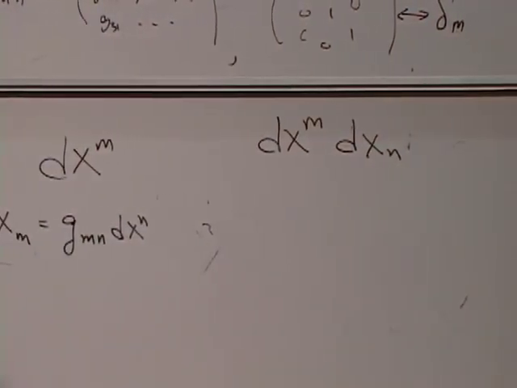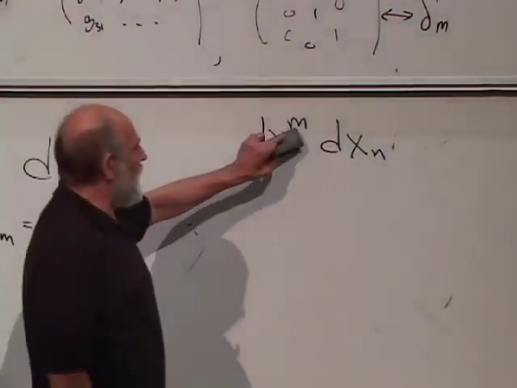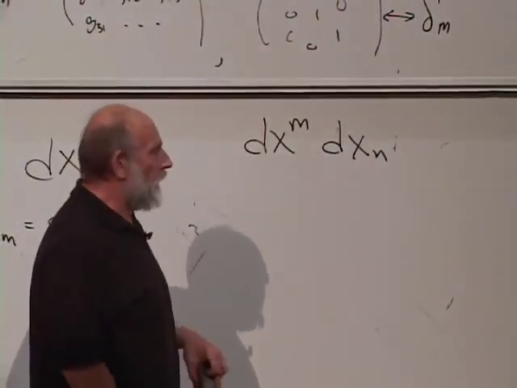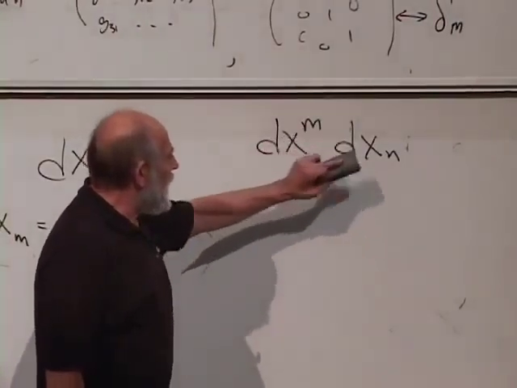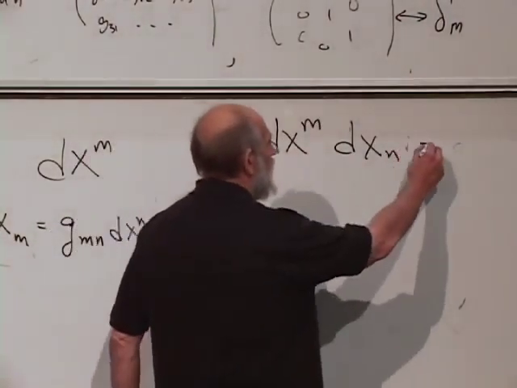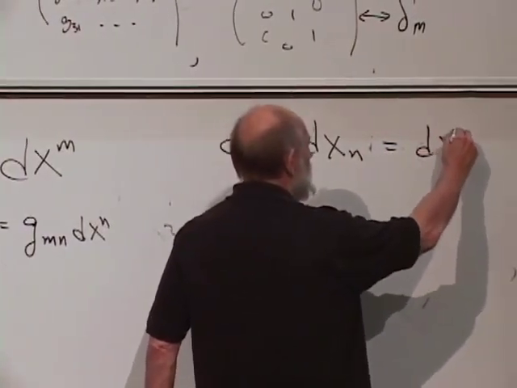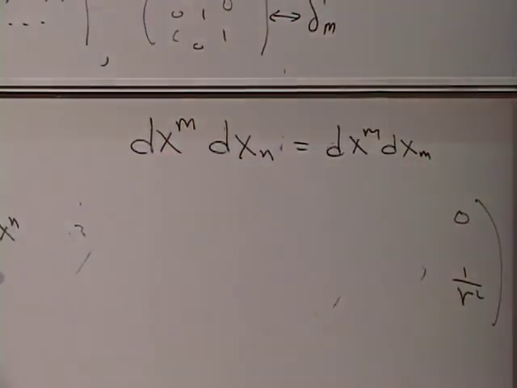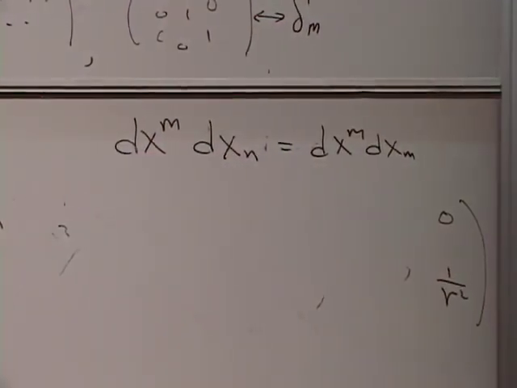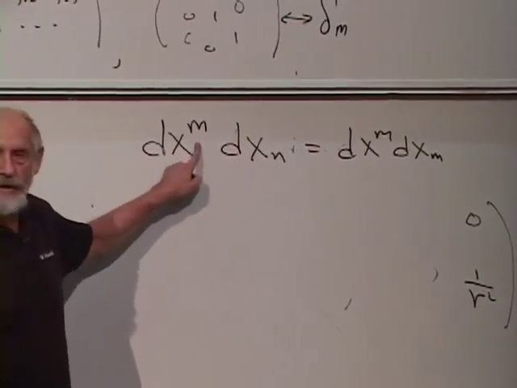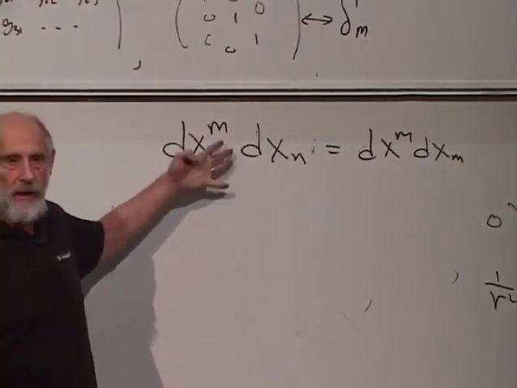That is now an object with indices m and n. It's a tensor, and now I want to contract the index m with n and get dx^m dx_m. What happens when you take a tensor with two indices, one upper and one lower, and you contract them? What do you get? A scalar.